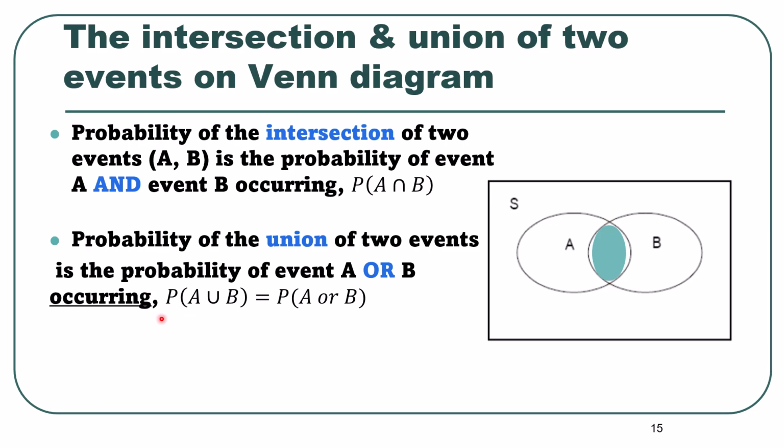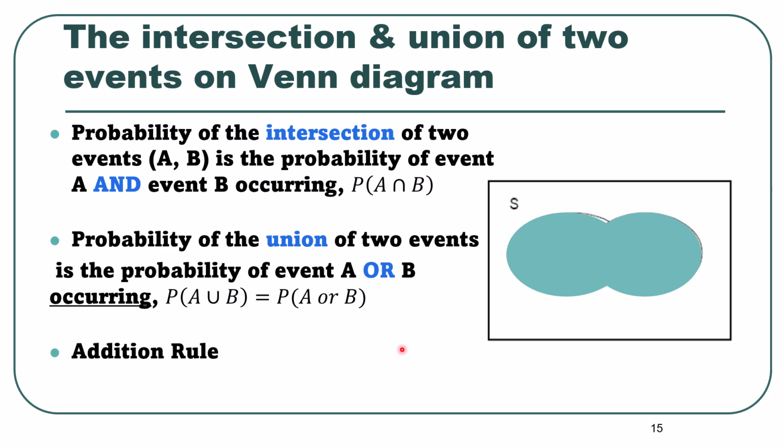Notation wise, it's going to be the probability of A, uppercase U, B. So this uppercase U is OR and it stands for union, while this uppercase upside down U stands for the intersection. On the Venn diagram, you are either in A or in B or in the intersection, so it's the whole area.